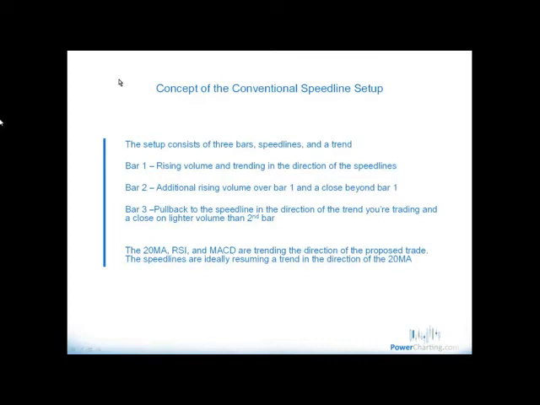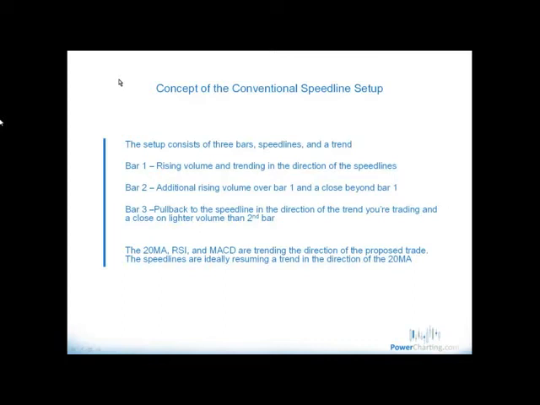And bar 3 is going to be the pullback to a speed line in the direction of the trend you're trading, but the close is going to be on lighter volume than bar number 2. So it's almost like a Hoffman 3-bar setup, but it's not. This is the conventional one. There are going to be variations of this that we're going to show as well.